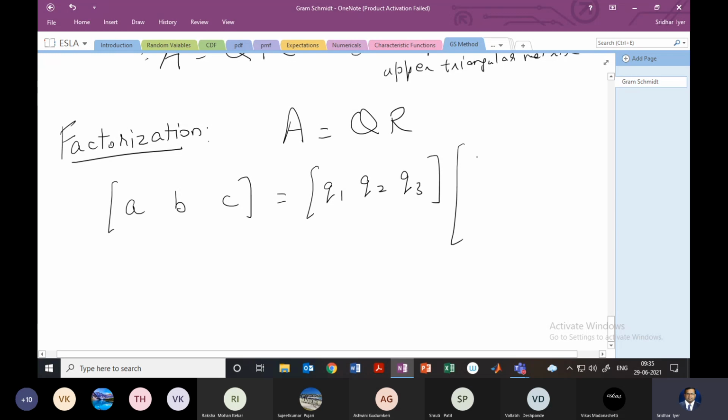And this R will be of the format Q1 transpose A, Q1 transpose B, Q1 transpose C, 0, Q2 transpose B, Q2 transpose C, 0, 0, Q3 transpose C.